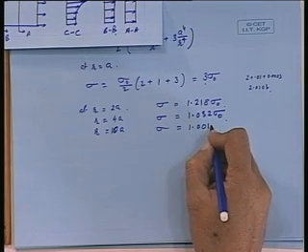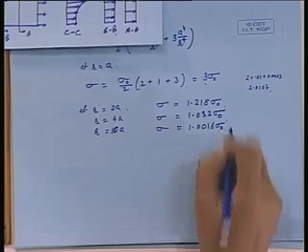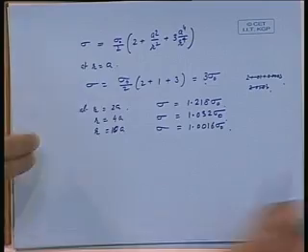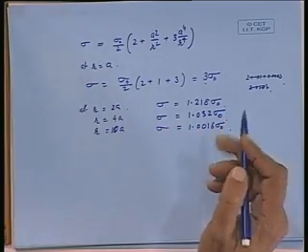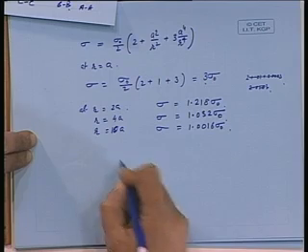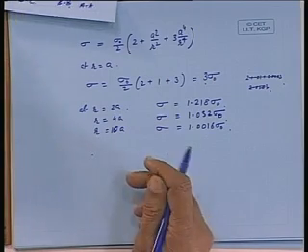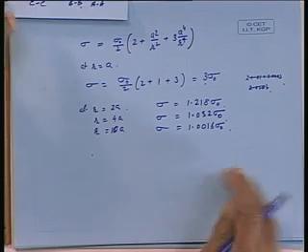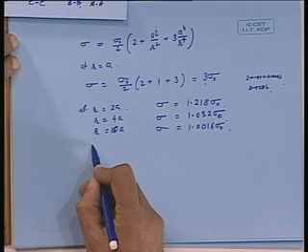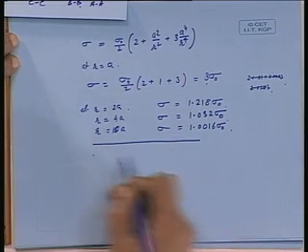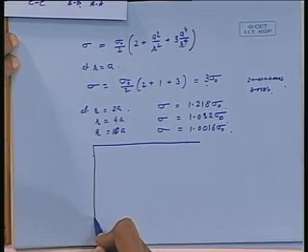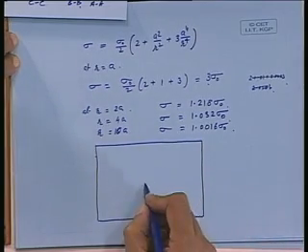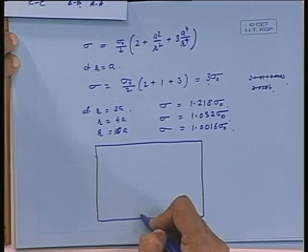0.0016. Okay. So you see how it changes. If now I try to plot it, what is the value I have taken? One, two, three, 4, 5, 6, 7.